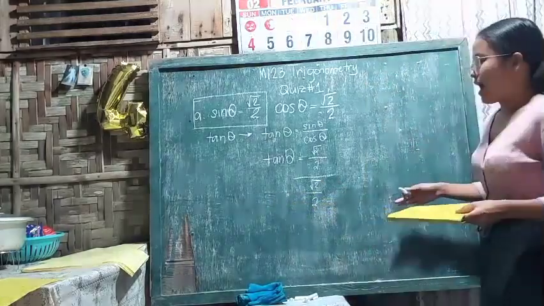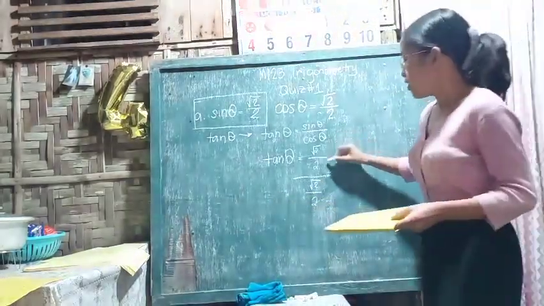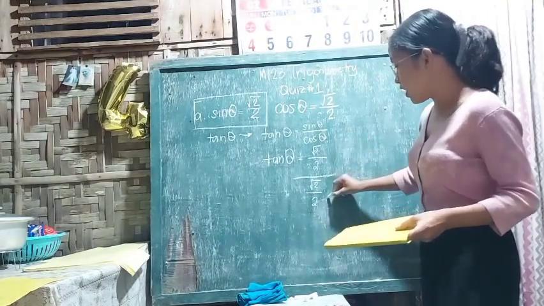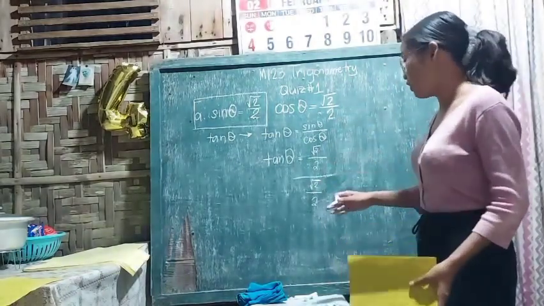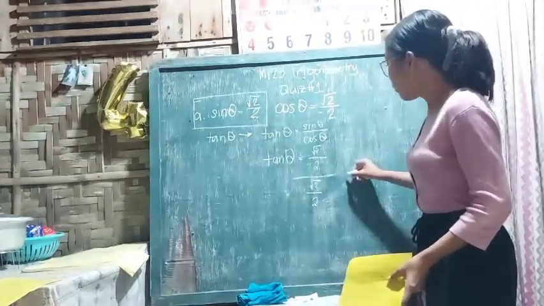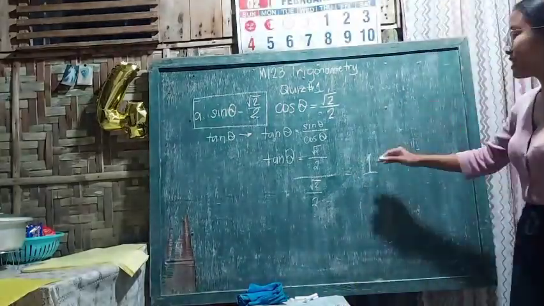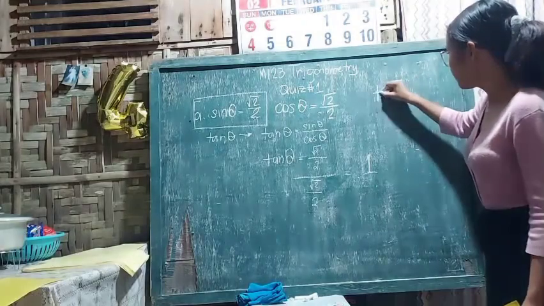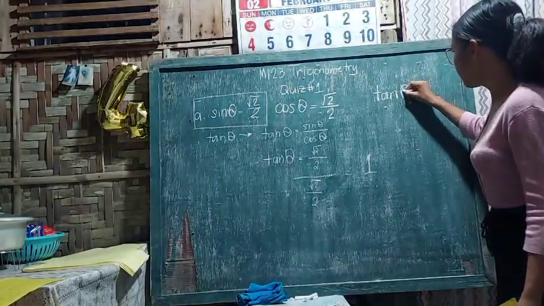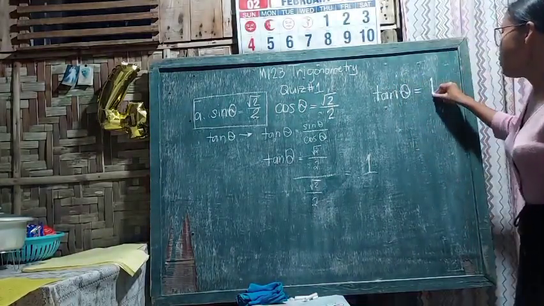If the numerator and the denominator have the exact same value, it is always equal to 1. So our tangent theta is equal to 1.